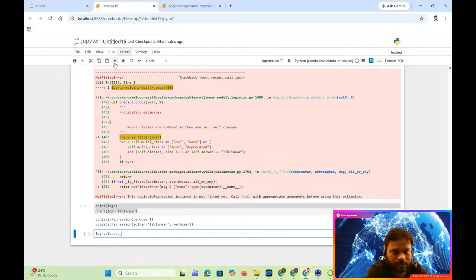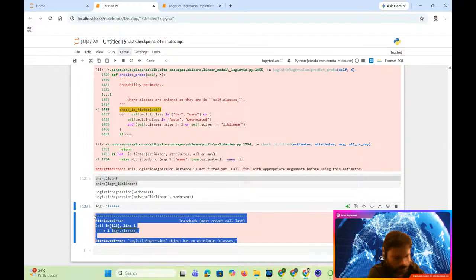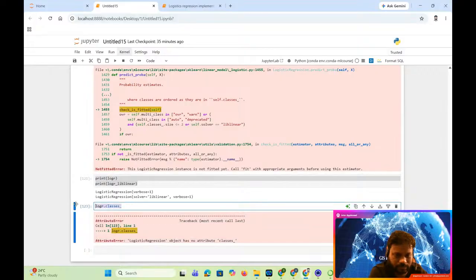I'm checking the fitting values. Okay. It means that the logr is not fit.